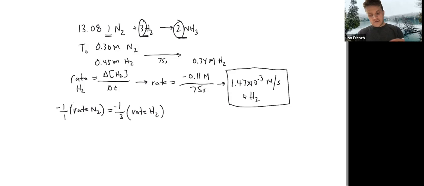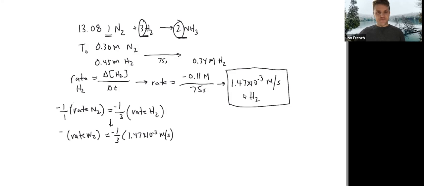So we plug in the rate. We'll just leave that as negative. Rate nitrogen equals 1/3, 1.4 times 10 to the minus 3 for hydrogen.